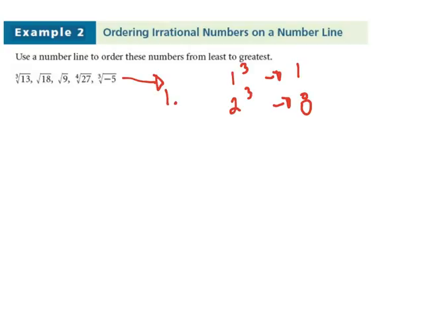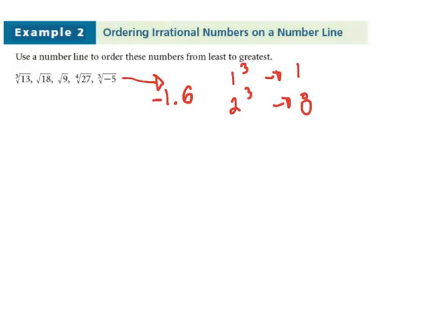It's closer to 8 than it is to 1, so it's probably about 1.6, 1.7. And since it is a negative, it's going to be negative 1.6. So right away, we know that's going to be a negative value.